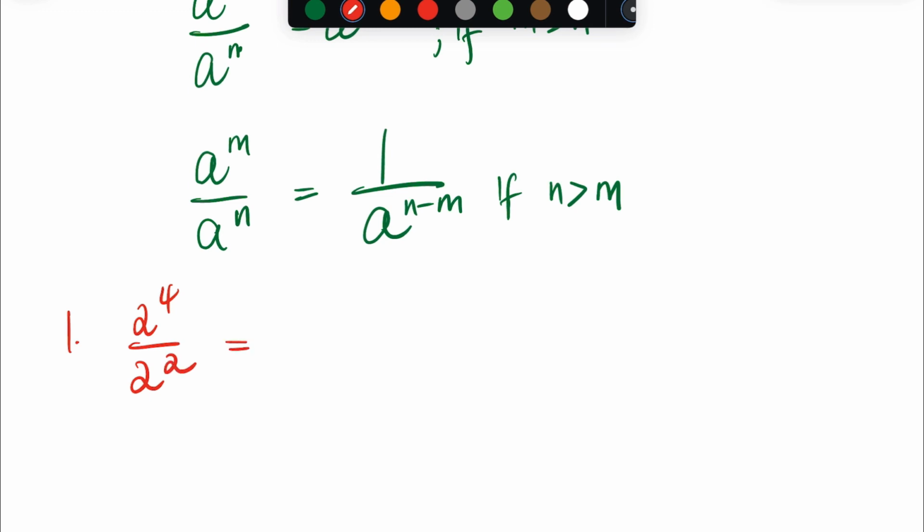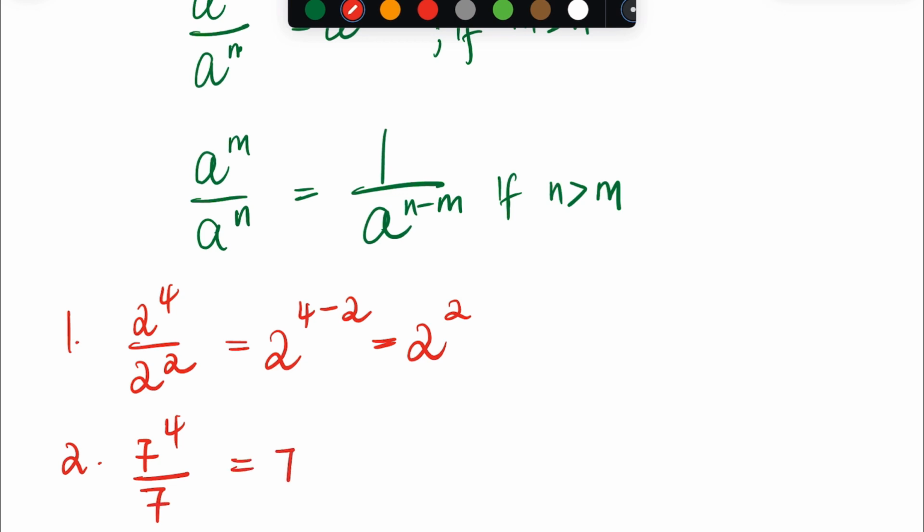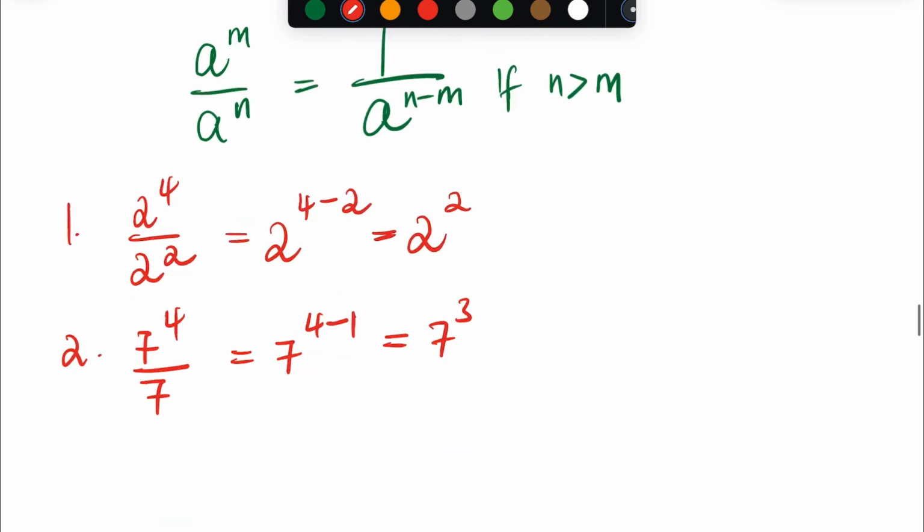So we take the base of 2 and then we say the top power minus the bottom power, which is going to be 2 to the power 2. Now we have 7 to the power 4 divided by 7 to the power 1. So we take the base of 7 and then we'll have 4 minus 1, which is going to be 7 to the power 3.